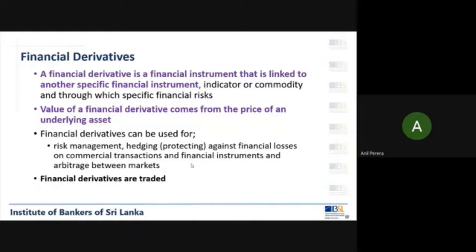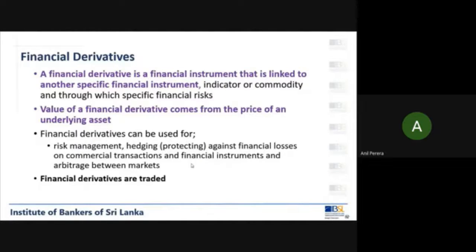The term itself indicates a derivative is a kind of derived financial product. It's not a direct instrument. It is derived based on another instrument, which means there is some underlying asset for a financial derivative.